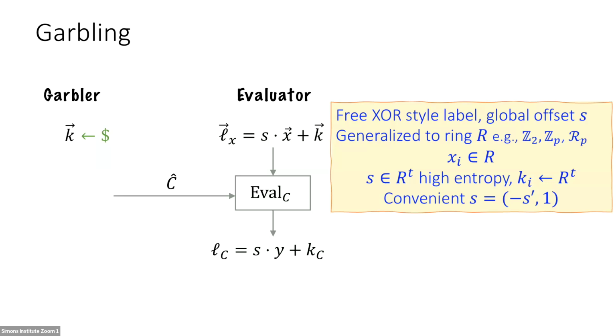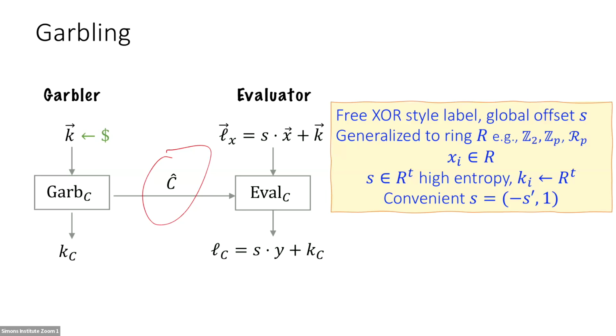Okay? So what does garbling do? Garbling basically says, I want to start with this kind of label and allow the evaluator to get the same kind of label for the output, with the help of the garbler sending to it some garbled circuit. And additionally, we should think about the garbler's algorithm as coming up with this auxiliary information to help the evaluator.